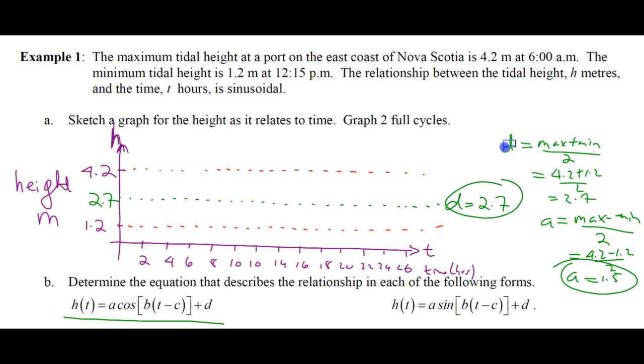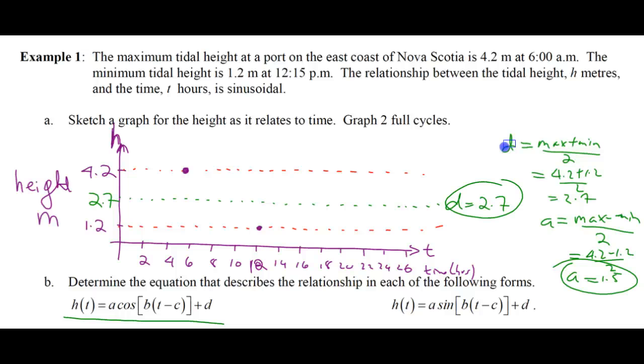Okay, so we got 2 points. Let's plot those 2 points. So 4.2 meters at 6 a.m. And 1.2 meters at 12:15. I'm doing my best to get 12:15. That's really 6 hours and 15 minutes, right?